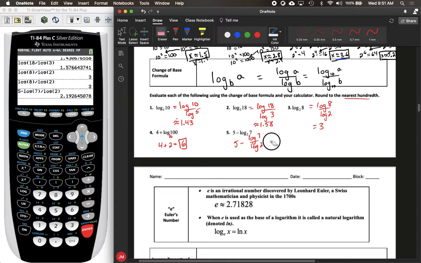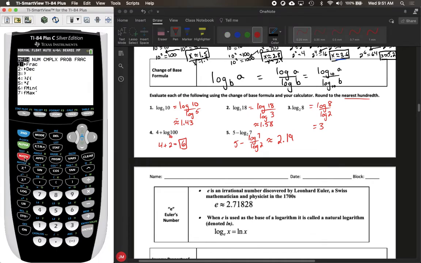Now, I mentioned that there was actually a button that will allow you to use different bases on certain calculators. That button is found under the Math option. So if you go to Math and then go up from the top of the menu, option letter A will say log base, and that will actually allow you to type in things like log base 2 of 7 without having to use change of base formula.